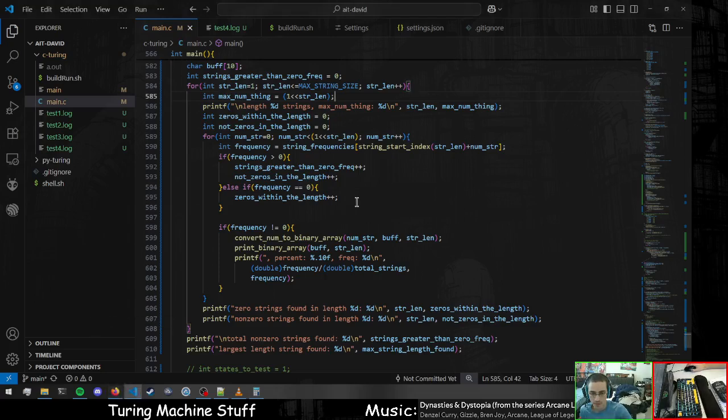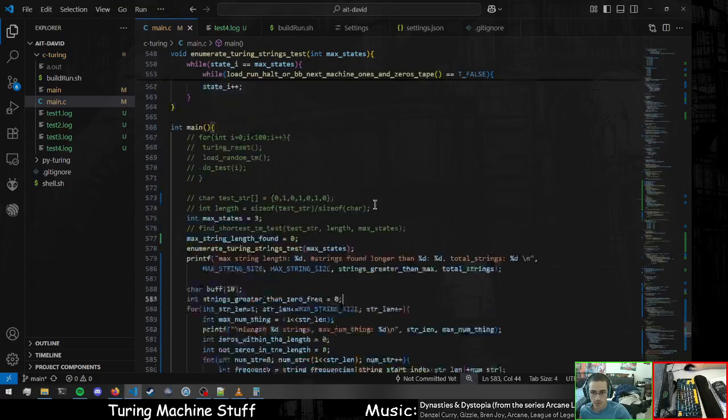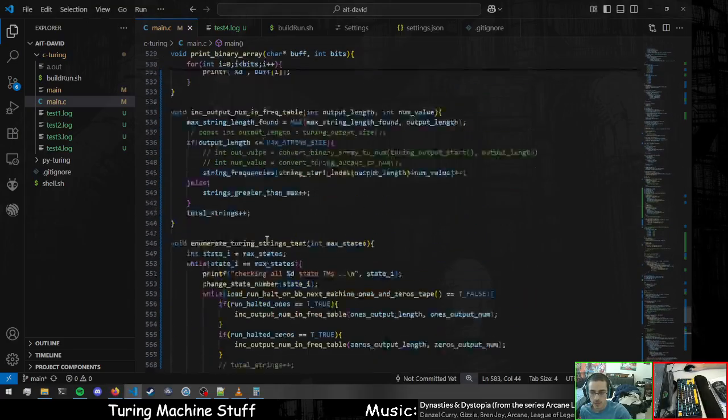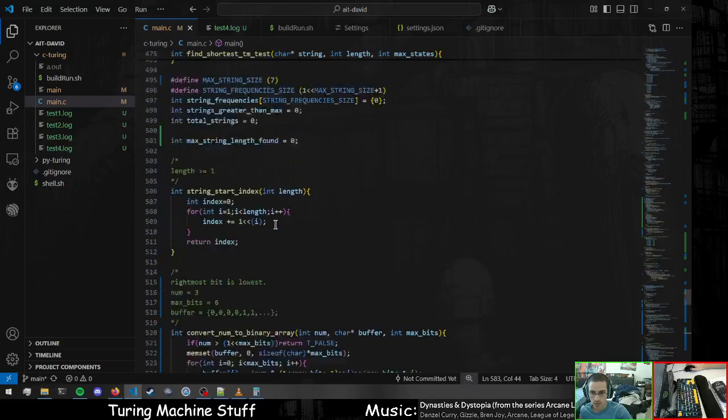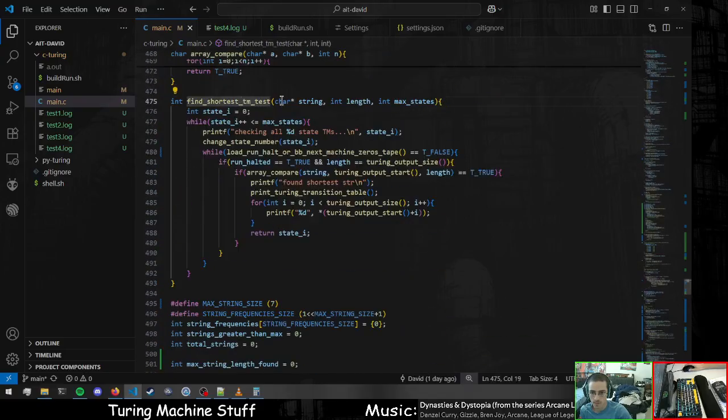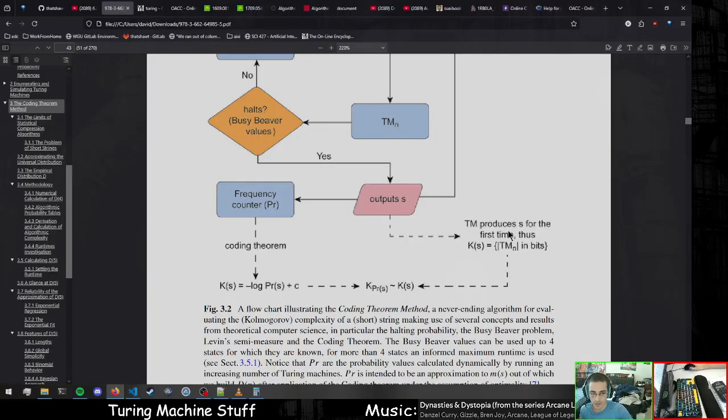And that's what I wanted to do kind of with this one, where you would find the complexity just by searching through all the Turing machines and then looking for the ones that give you a string that you want.